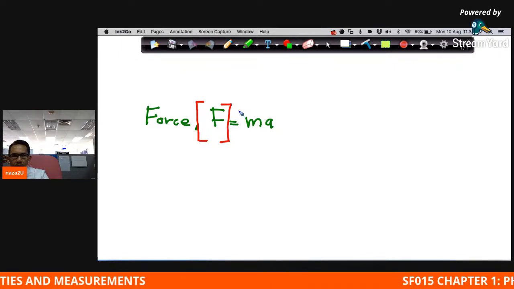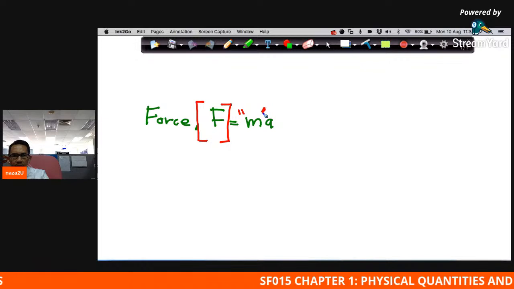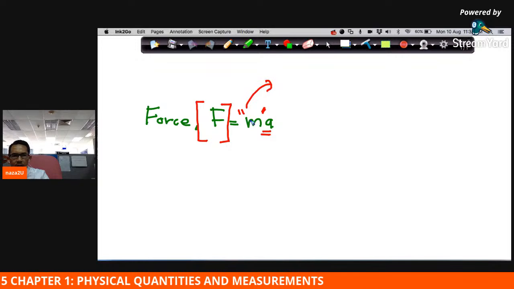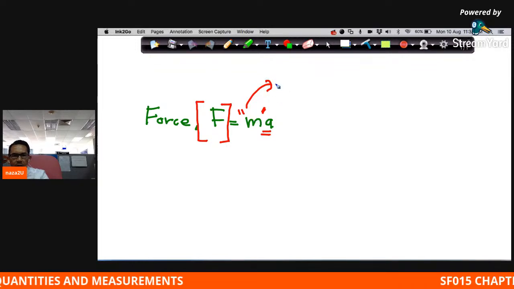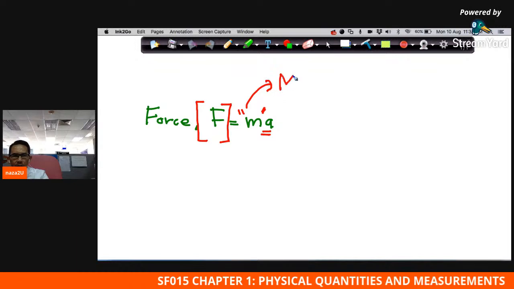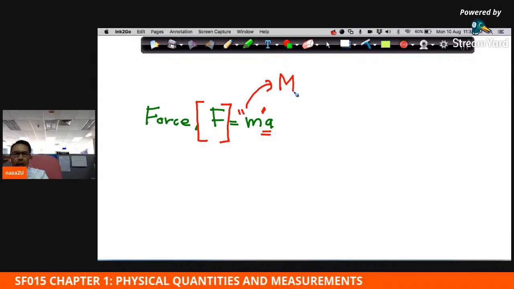First you must consider that this is mass M and this is A. So first you must find the dimension for the mass. You just refer to the basic quantity. The symbol for mass is capital M.